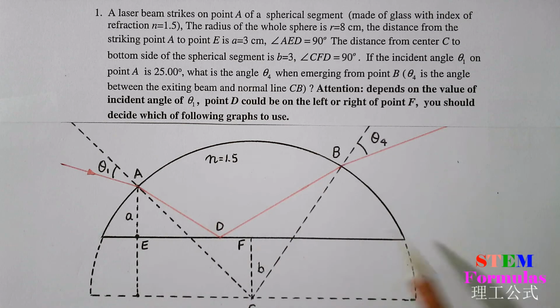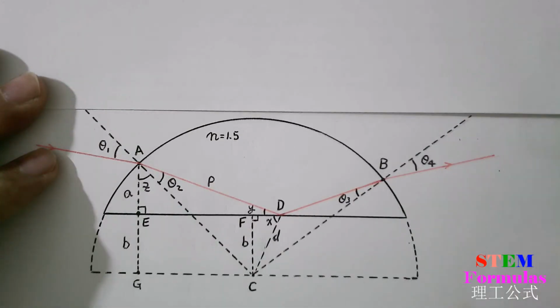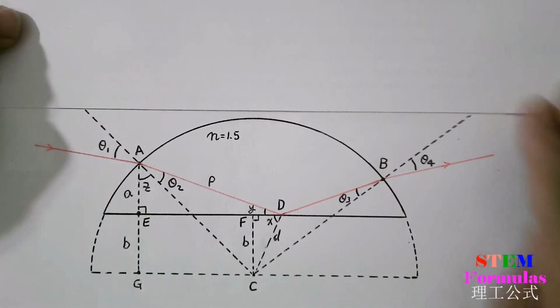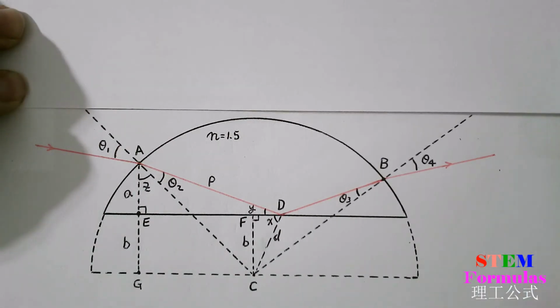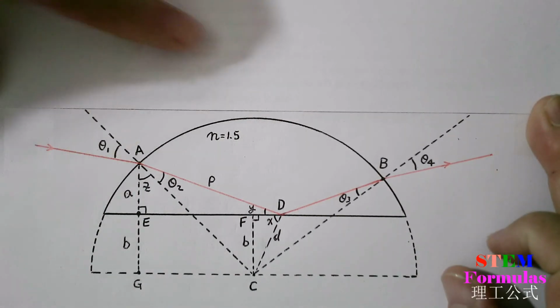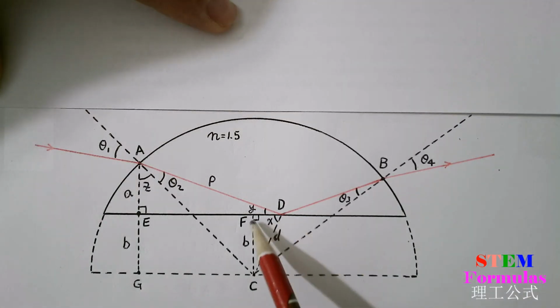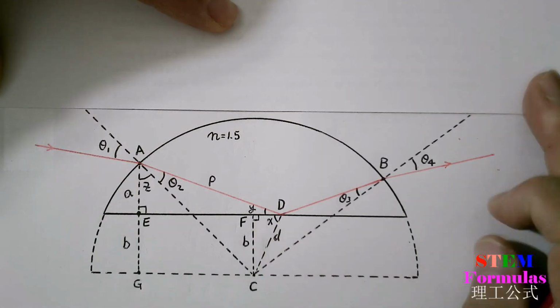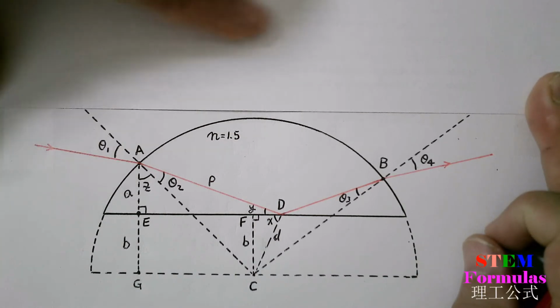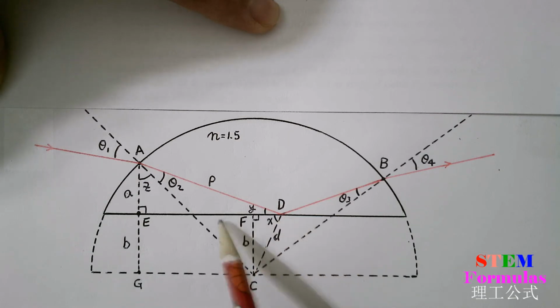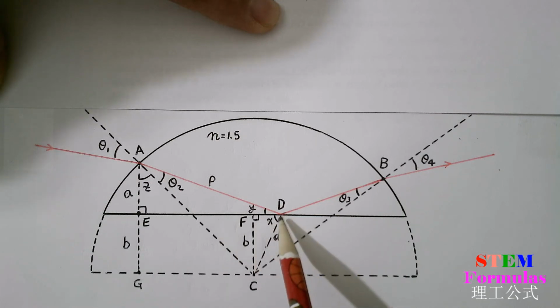This is one possibility, and there's another possibility, where point D is on the right side of F. So you need to decide where point D is, either on the left of F or on the right of F.